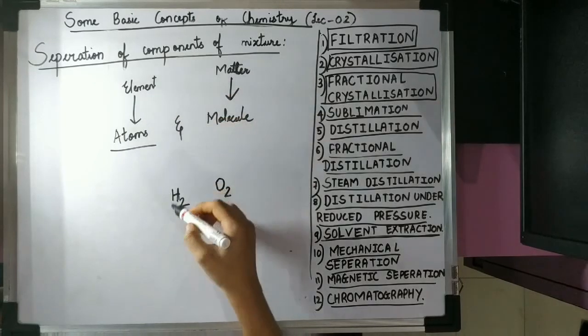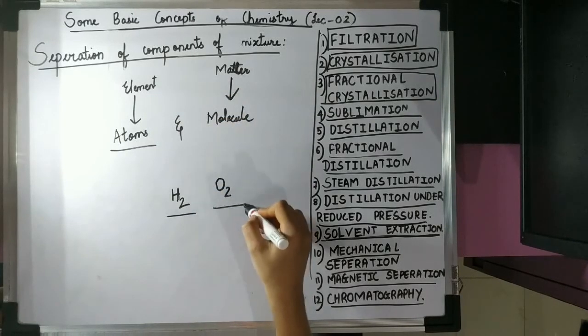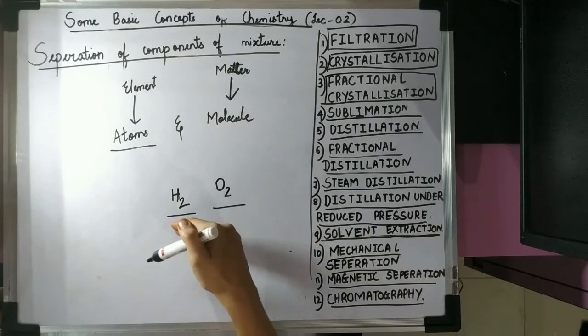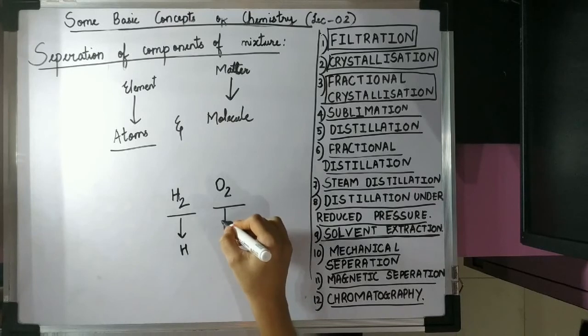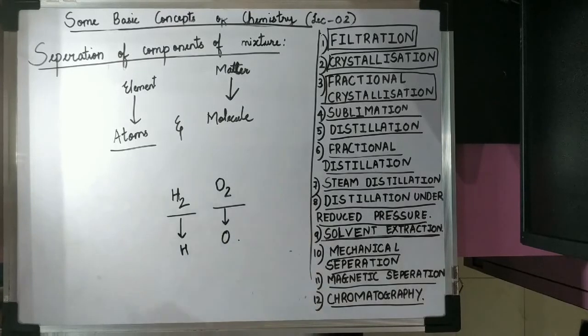The smallest part of hydrogen is nascent hydrogen, and the smallest part of oxygen is nascent oxygen. Similarly, a molecule is the smallest part of matter. A molecule of an element can be homoatomic, and for a compound it is heteroatomic.